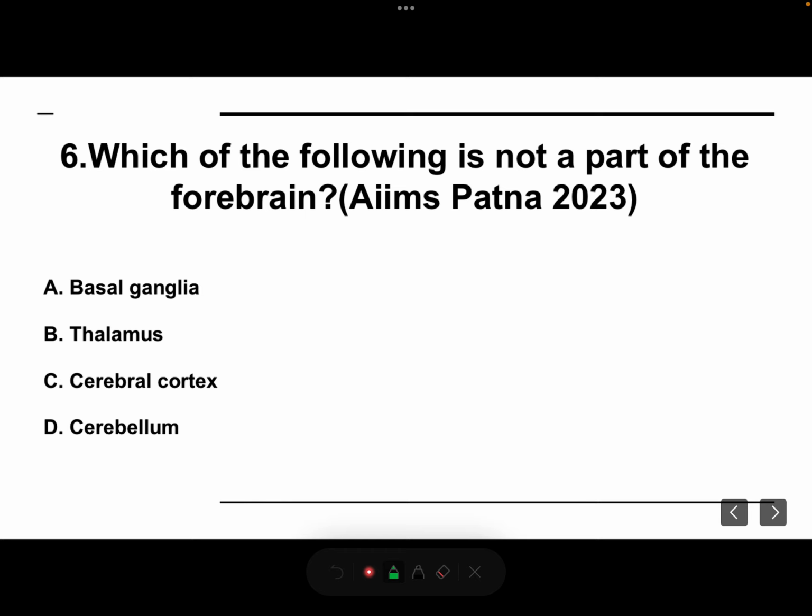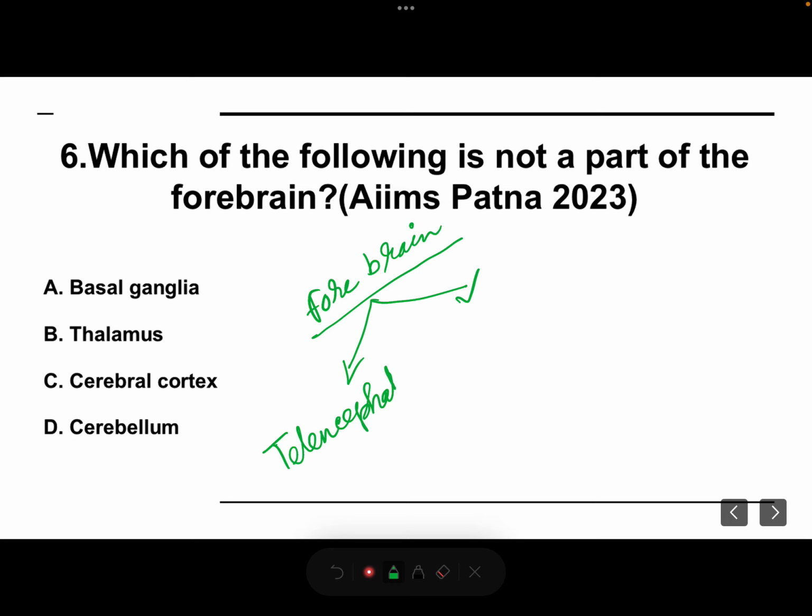The forebrain, or prosencephalon, includes the telencephalon and diencephalon.